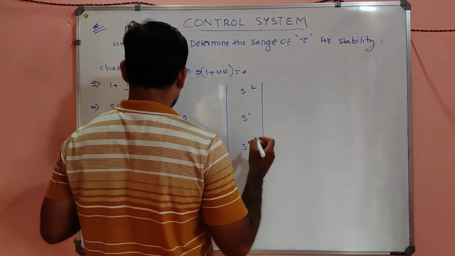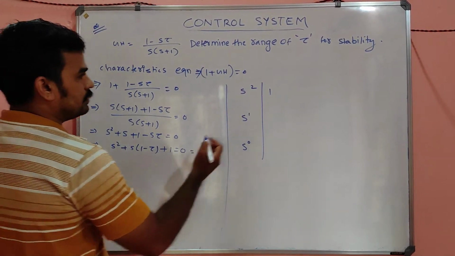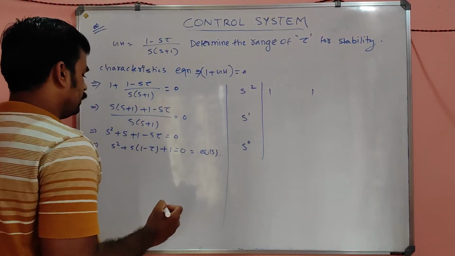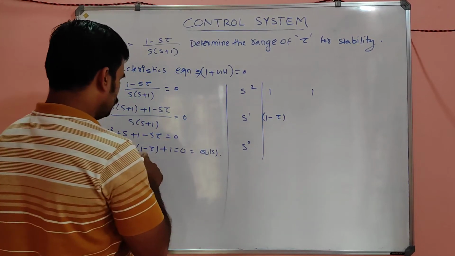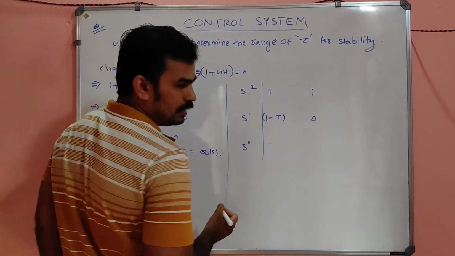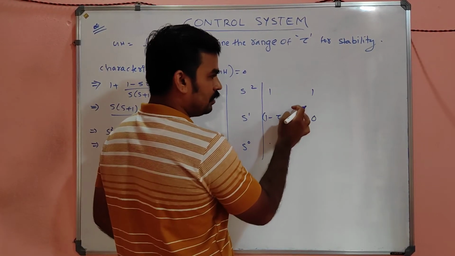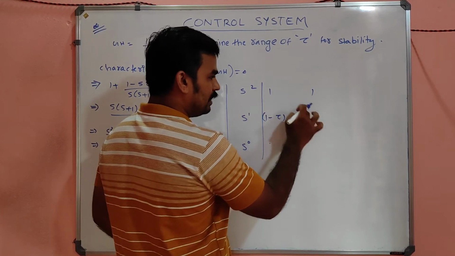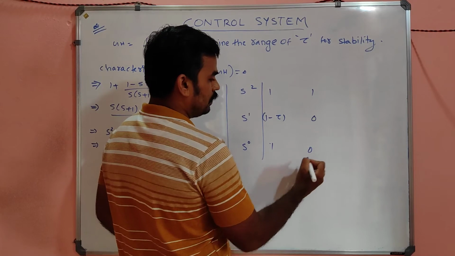The first row is 1, 1. Next, 1 minus tau, 0. What will this element be? It will be (1 minus tau) into 1 minus 0, divided by the same 1 minus tau. The answer will be simply 1. The last one is 0.